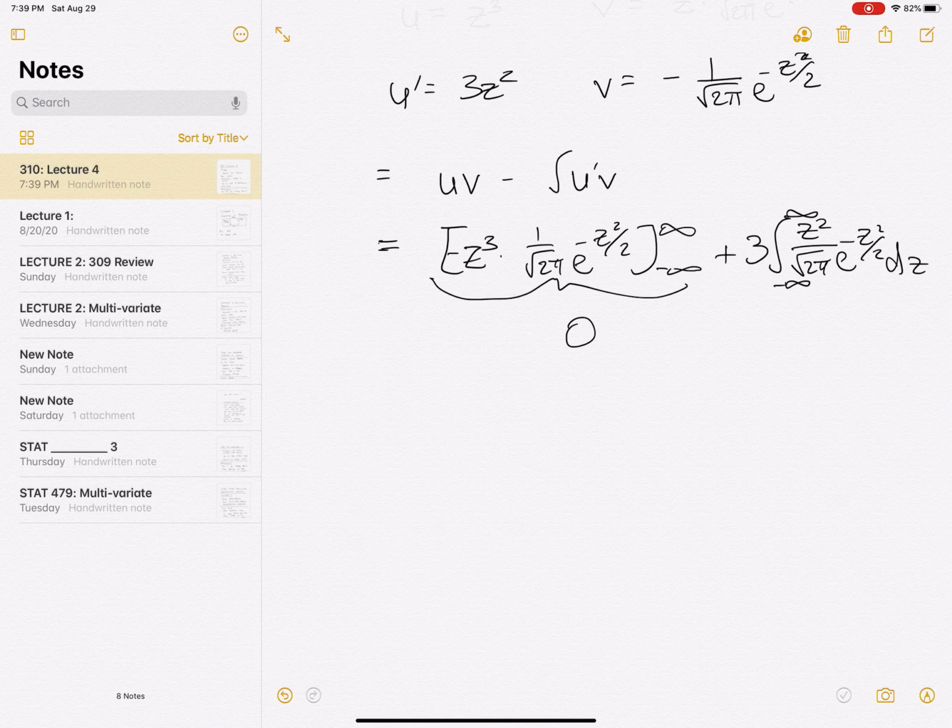And this is just equal to the expectation of Z squared. And so this whole integral will be 3 in the end.